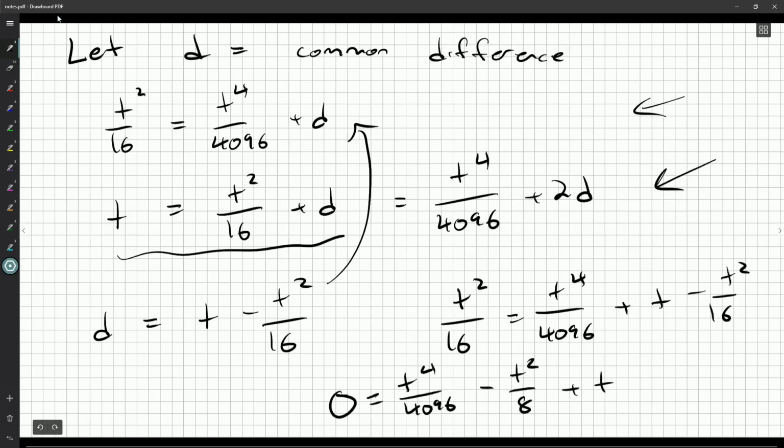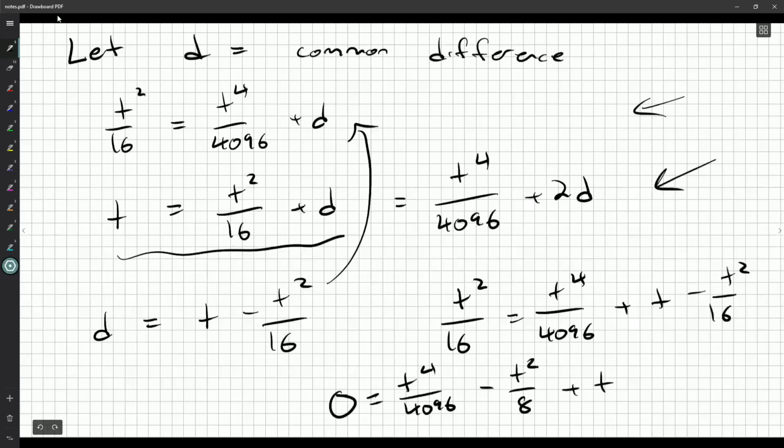Now I can factor out a t here. So whatever our third term is, it's going to satisfy this expression. I can also multiply by 4096. I'm not sure if I want to do that, but I definitely think it might be a little nicer.